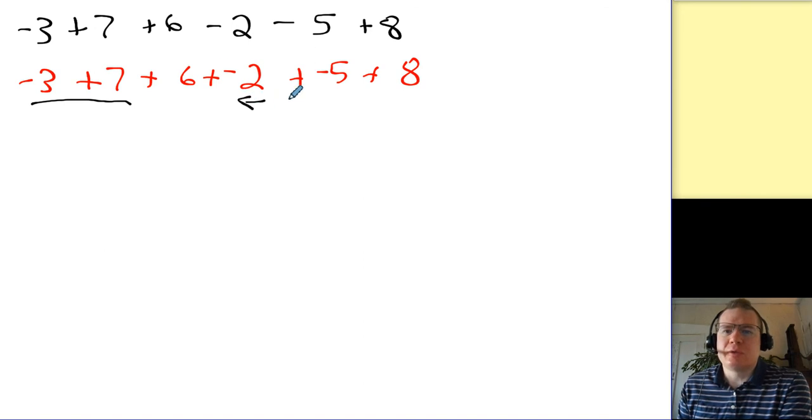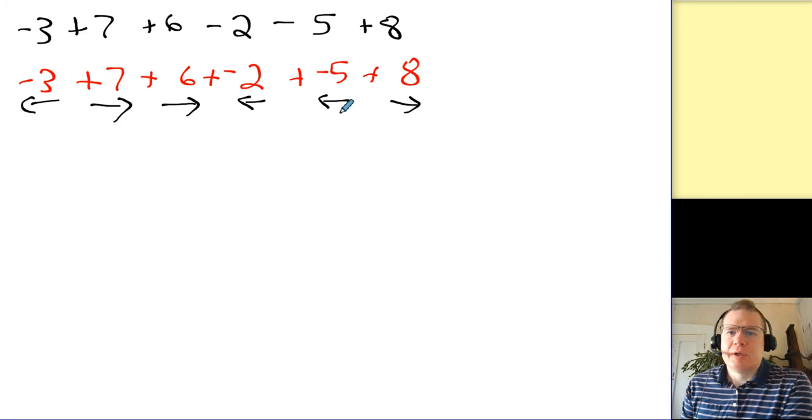The 2 is going backwards, the 5 is going backwards, and the 3 is going backwards, while the 7 is going forwards. The 6 is going forward, and the 8 is going forward. All right? This forward-backward movement is what we really need to pay attention to, and by writing everything with a plus makes that more clear.